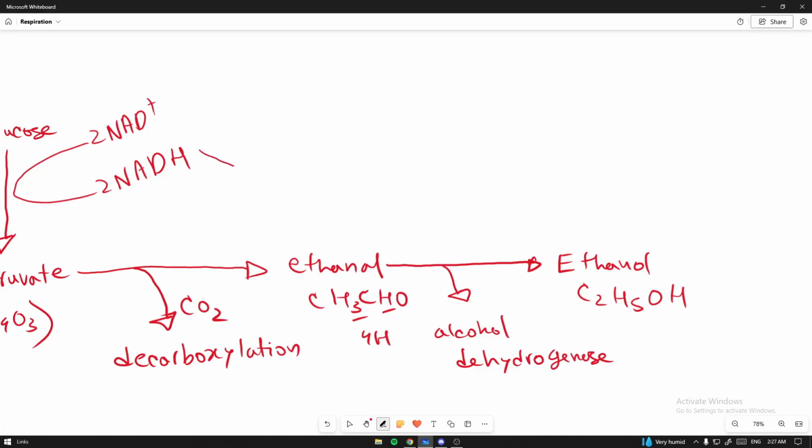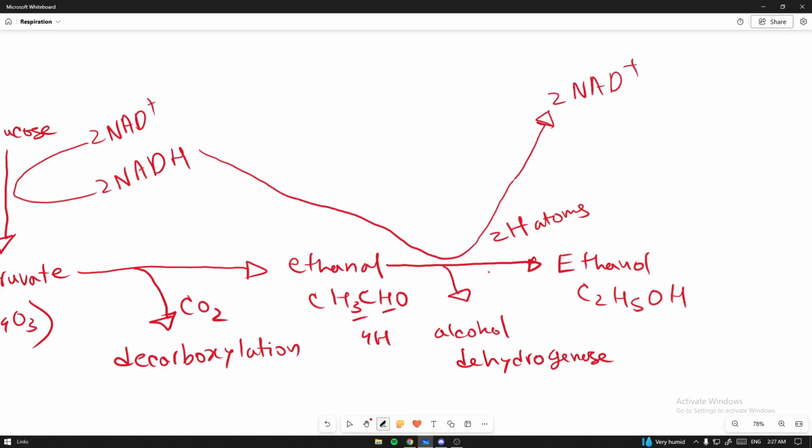This NADH drops two hydrogen atoms, and it gets recycled into NAD plus, and the two hydrogen atoms attach to ethanal in the presence of alcohol dehydrogenase, and then it becomes ethanol. Okay, I hope that makes sense.